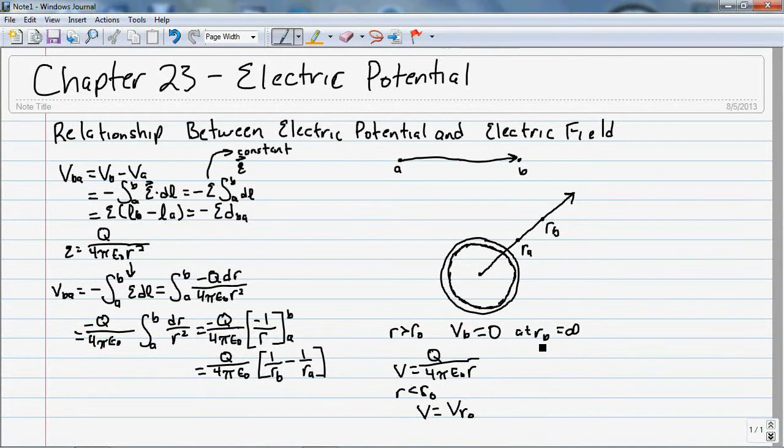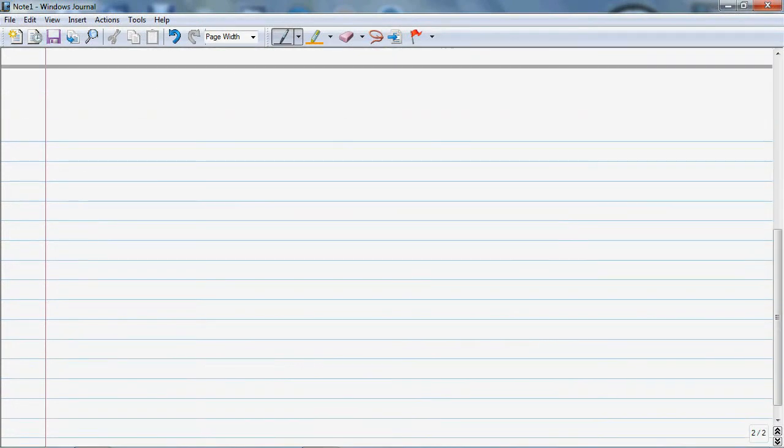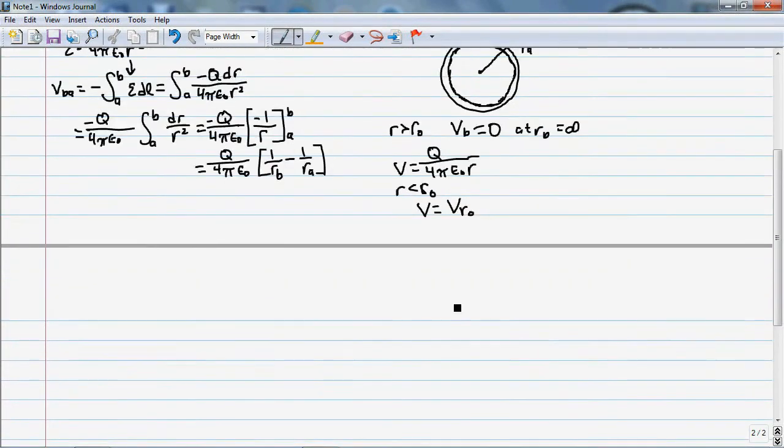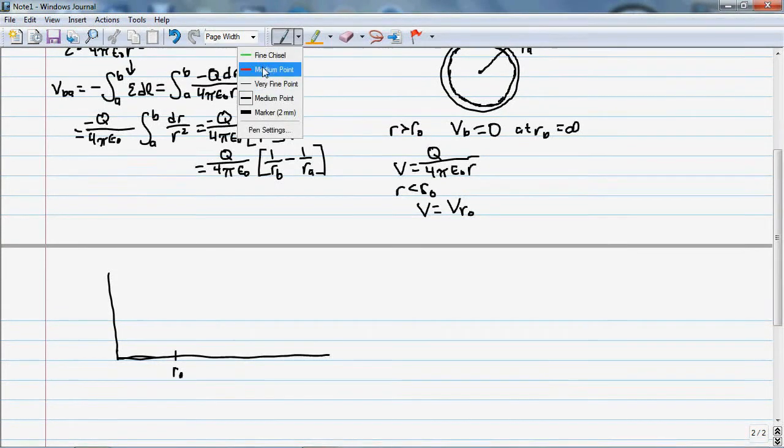So let's graph this. So if I have my electric field at R naught, the graph is going to be 0. Let's put it in red here.